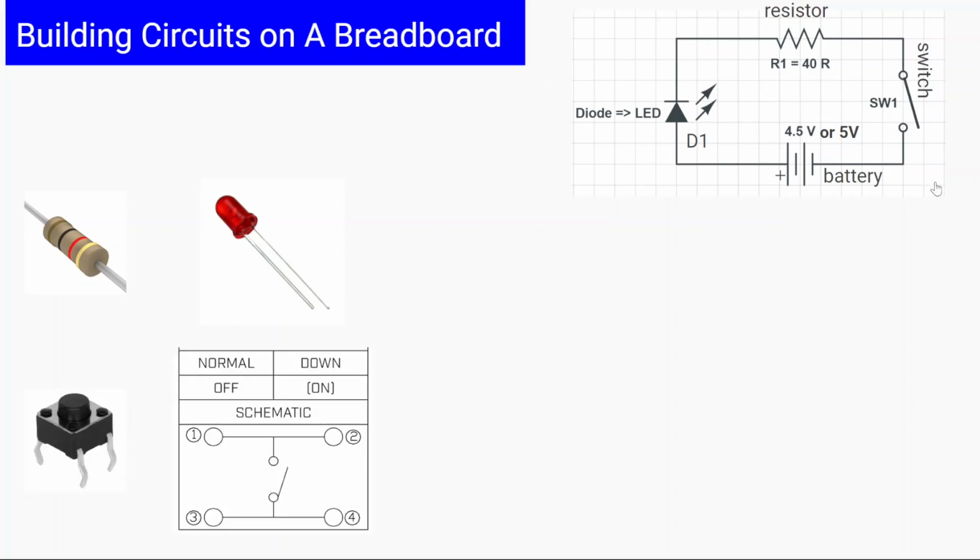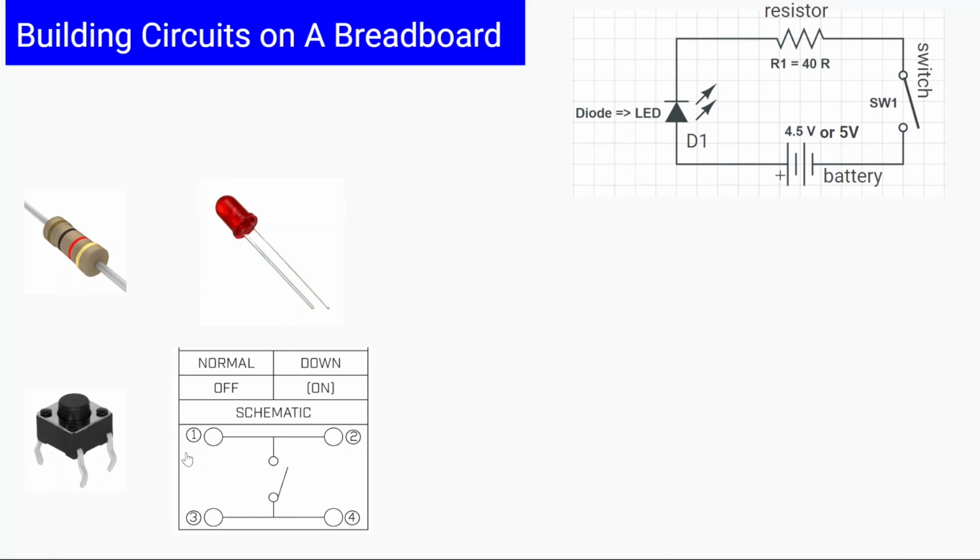Then we have this switch, which you can buy from DigiKey or any other place, or you can find it inside the lab, and it has 4 legs. If you click on these pictures, like for example this one, it will take you to the data sheet. Inside the data sheet, this is the schematic of this switch you will find.